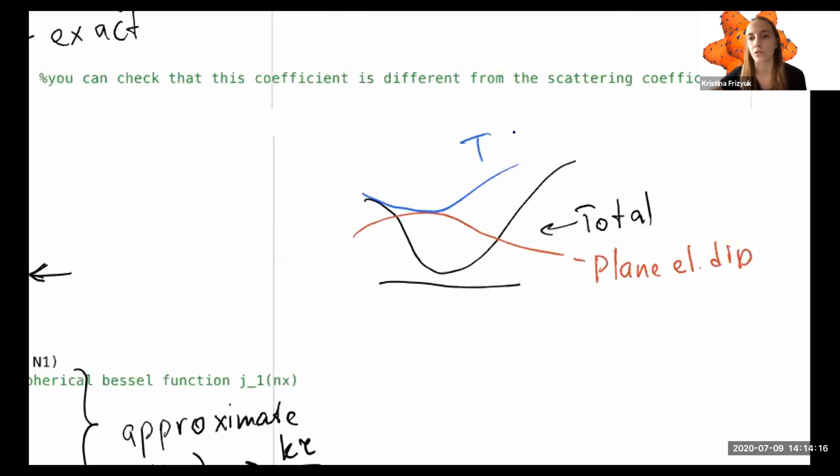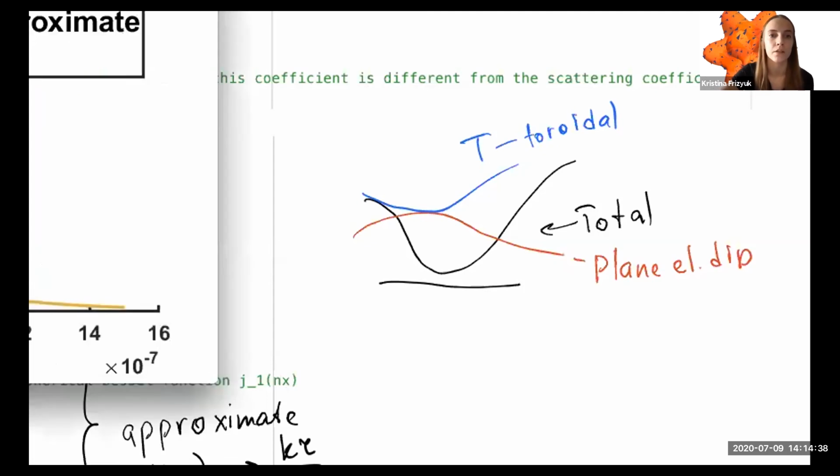That will be a toroidal dipole. So they will be not 0, both of them are not 0, but actually they are equal to each other. And what's more, they're different in sign, so they cancel each other, and that's why the anapole appears.